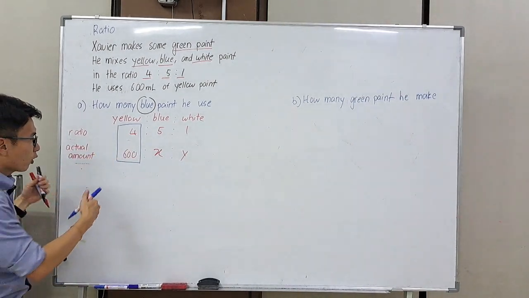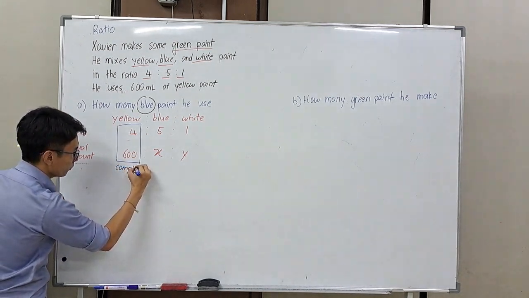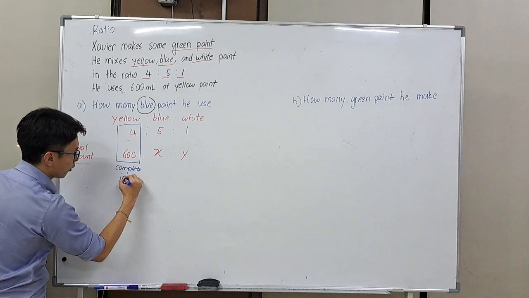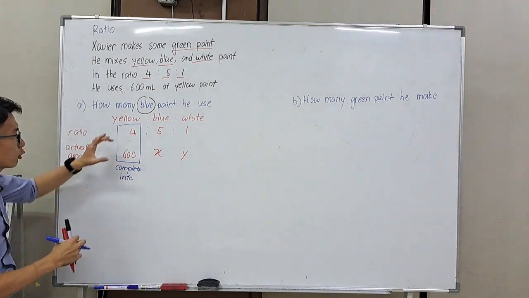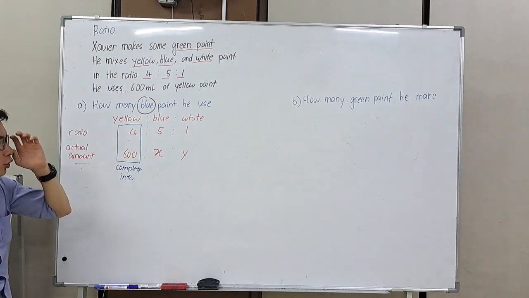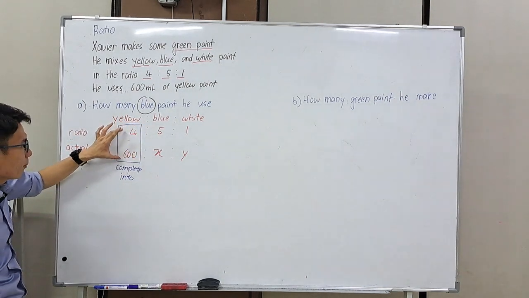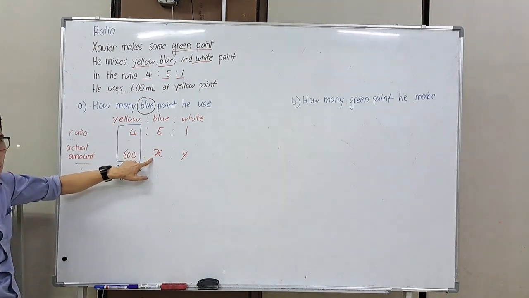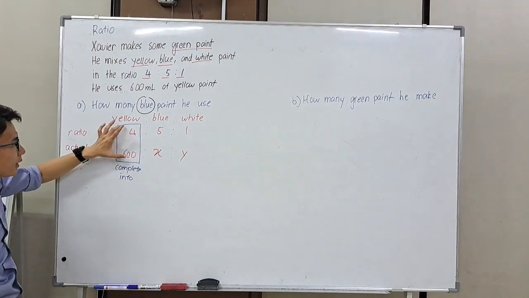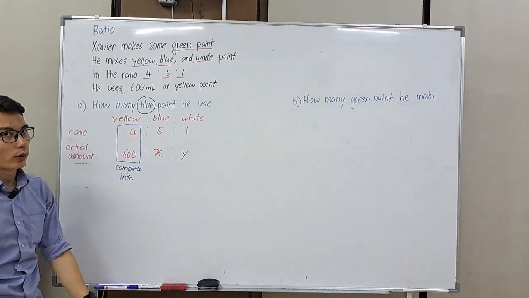I call this a complete information, because it tells me the numbers that I need. If you have a complete information, you can pair this up with any of these. You can pair this up with this to find the actual amount of blue, or you can pair this up with this to find the actual amount of white.